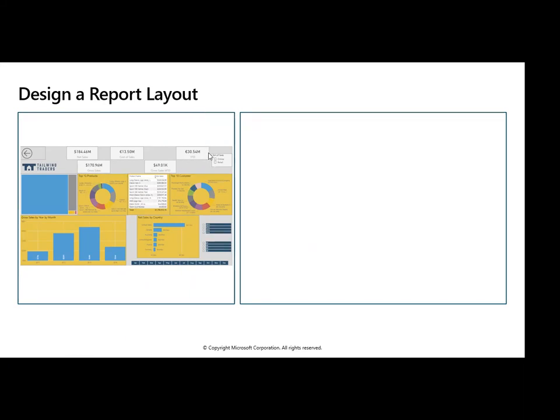So this is a typical example of the way your report looks like. If you look at this right on the left hand top corner, you see an arrow there. That's a navigation button. Below it, you see a Tailwind Traders logo. That's our logo.